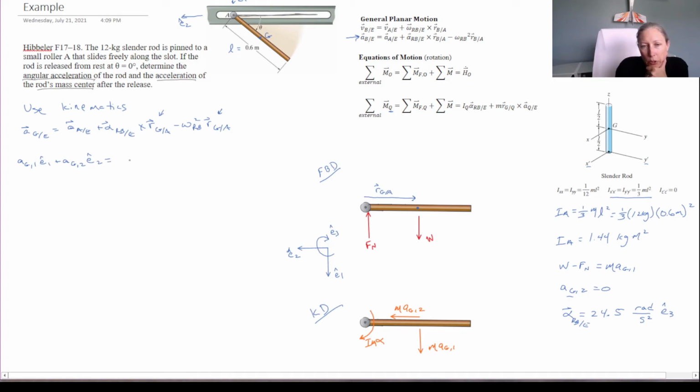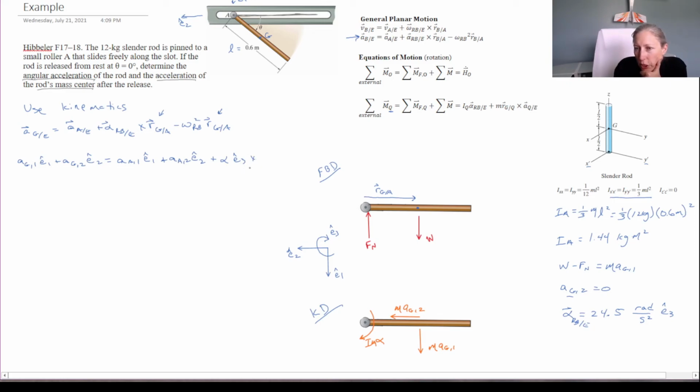And I'm going to do the same thing for the acceleration of A: A1 E1 plus the acceleration of A2 E2 plus alpha. We know alpha. I'm just going to call it alpha E3. I'll plug that in a minute.